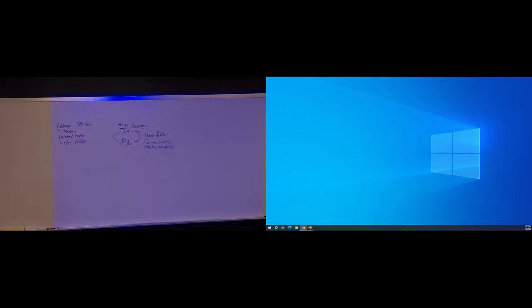If there's 8 bits in an octet, what else is that considered? 8 bits is also considered a byte. That's where we get 4 bits is a nibble, taking a little nibble. That's where that comes from. And how many bits are in an IPv4 address? 32, but in IPv6, 128.